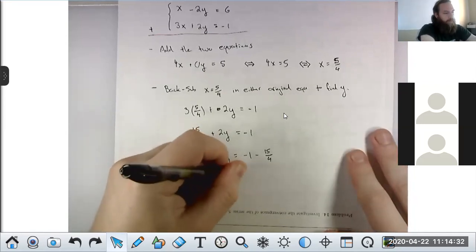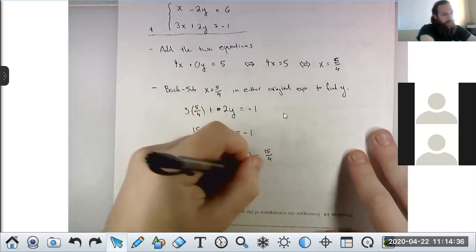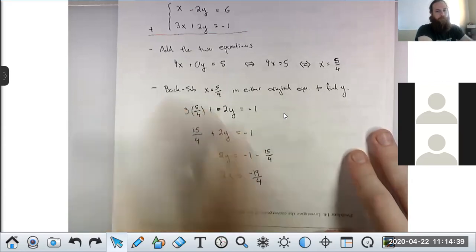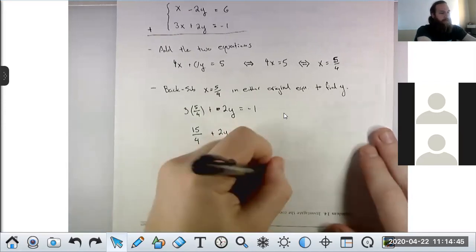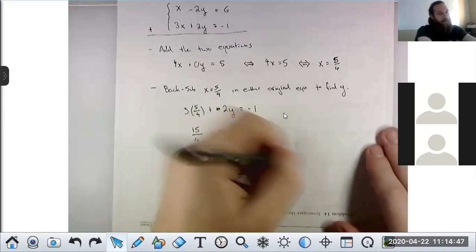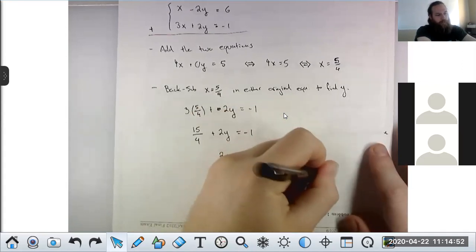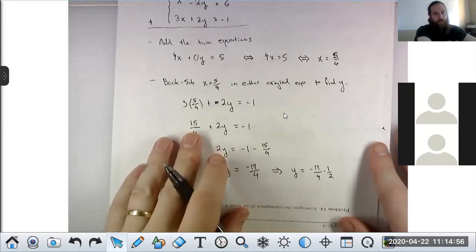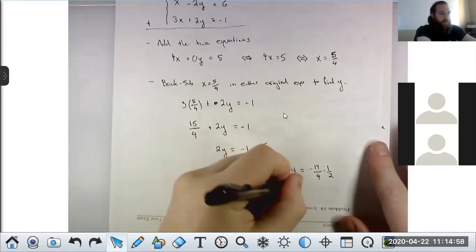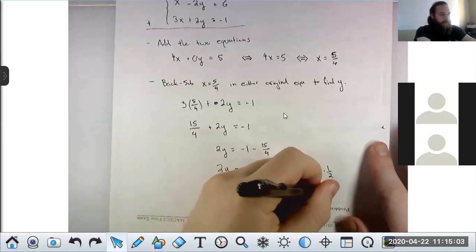So this is 2y equals -4 minus 15, which is -19/4. And now I divide both sides by 2, which is the same as multiplying both sides by 1/2. So I get y equals negative 19 over 8.